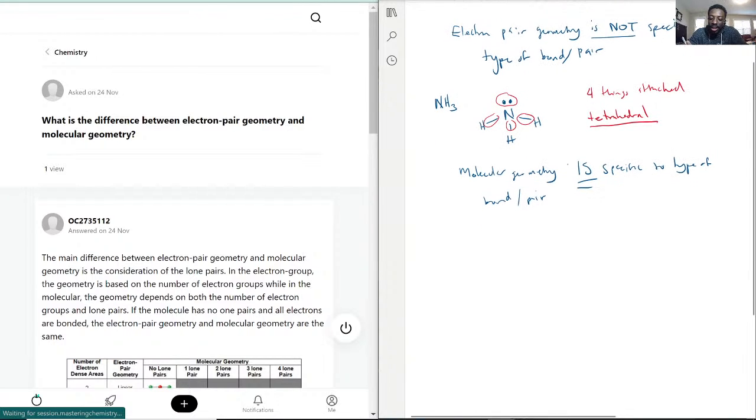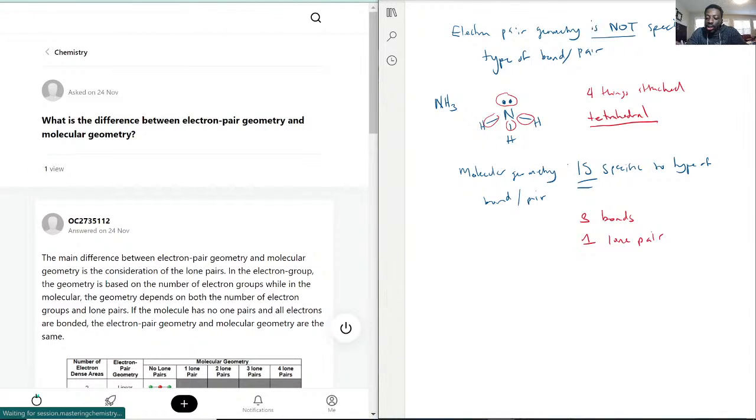We now have specifically 3 bonds, because they don't really specify what type of bonds, and 1 lone pair. So now it's slightly different from just the 4 electron pairs that it has.